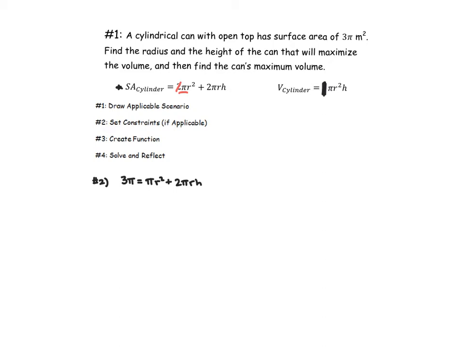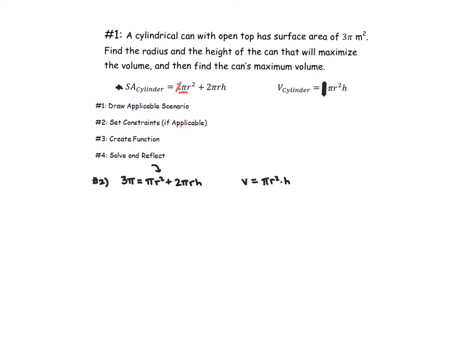I want to relate these 2 formulas. So right now I've got volume, which is pi r squared times h, in terms of both r and h. So I'm going to solve for either r or h in the first formula, and then use that with volume in order to solve my scenario here.